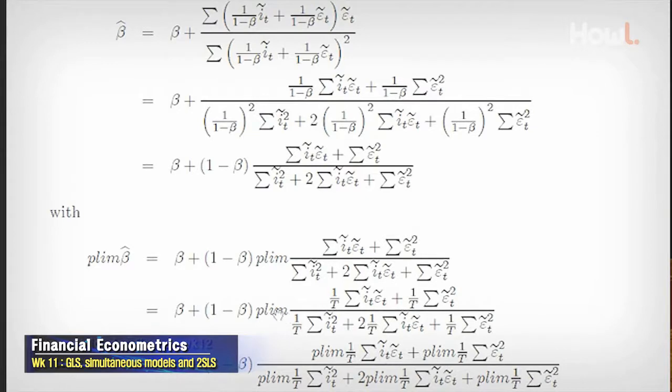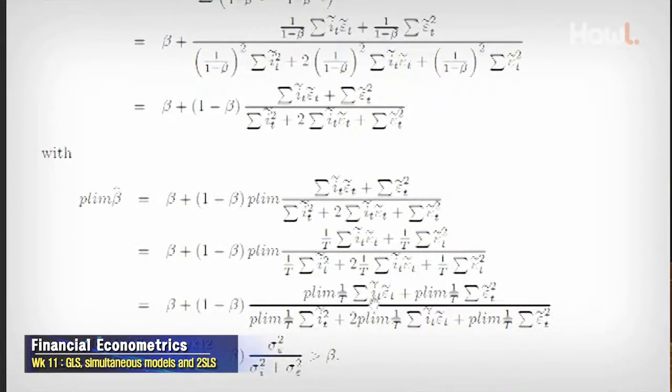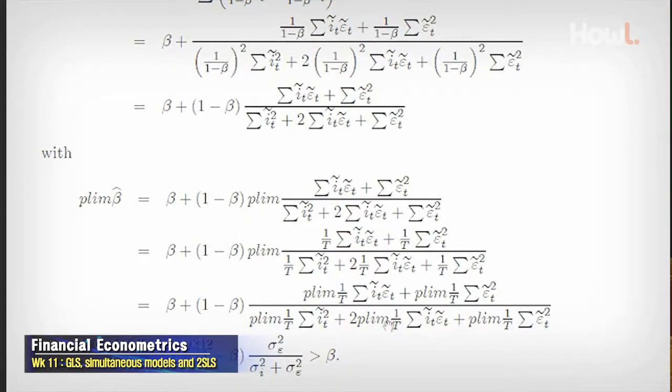By the property of plim, we can put plim inside of everything. So we have this one, and this one will converge to 0, because investment is exogenous to the error term. And this one is simply sigma epsilon squared. And this is the variance of investment. And this is the covariance between investment and the error term, so again it's 0.